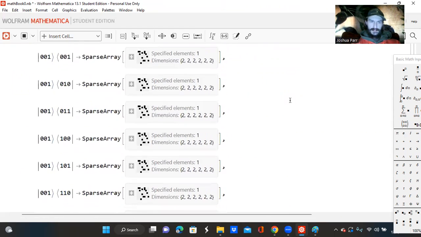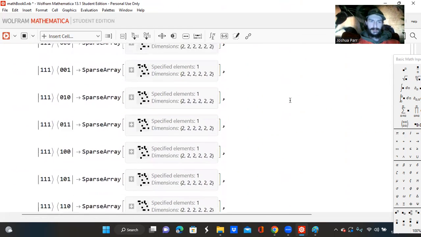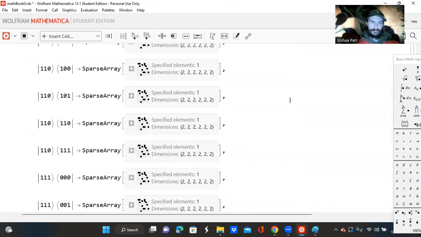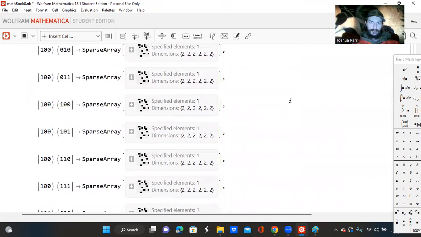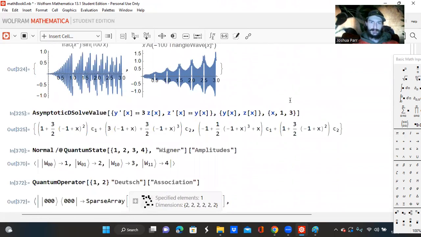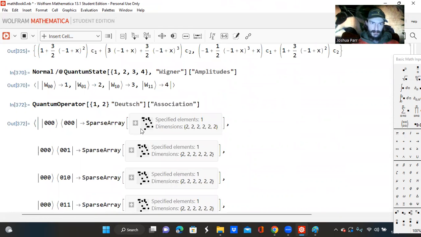There we go. I was about to say, it might have froze me up because it's a very large dimensional object, but we've got a series of sparse arrays, just what I was looking for. These are the associations of this operator.